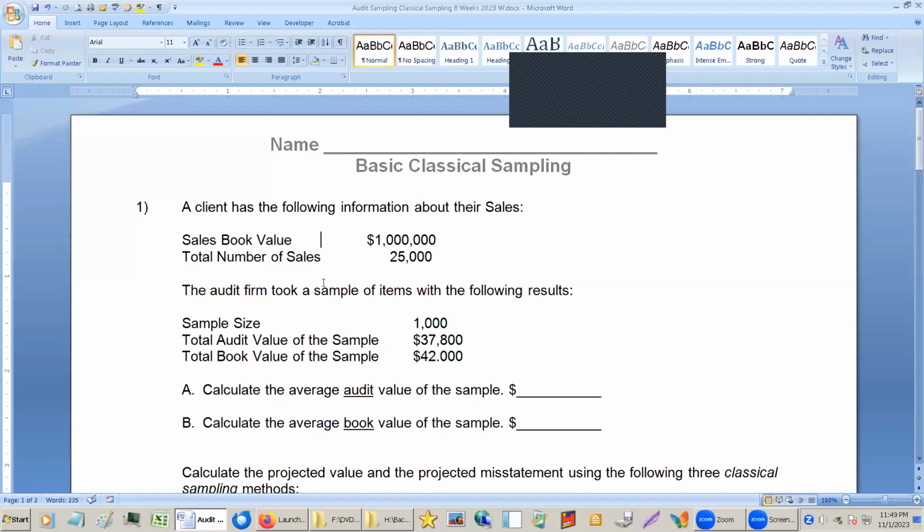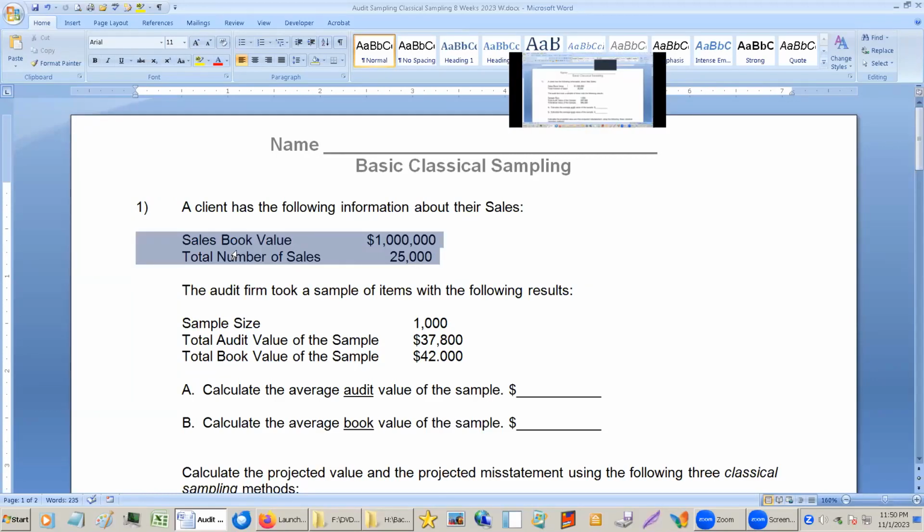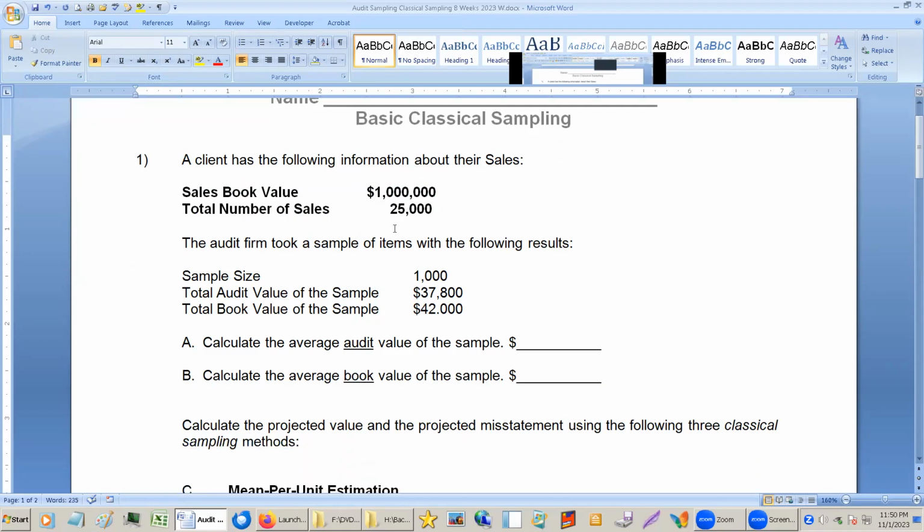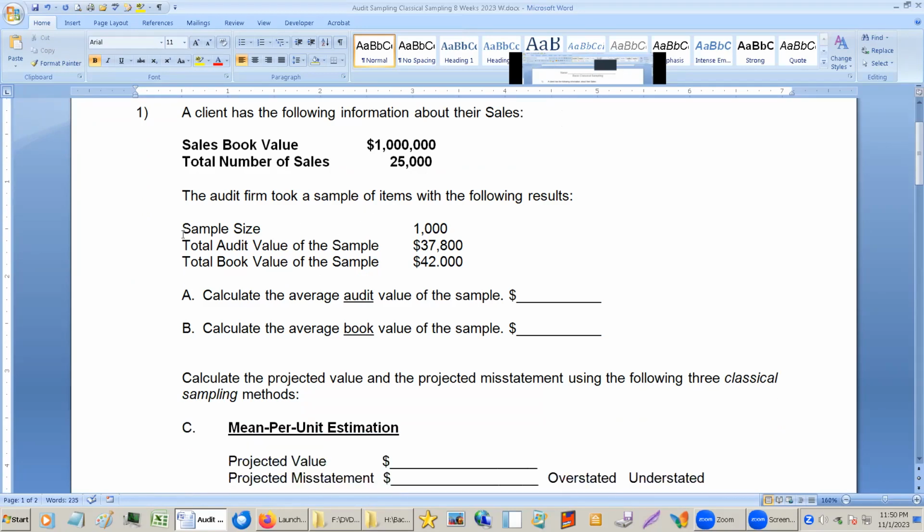So here's the handout. In this case, the client says that they have sales of $1 million, and the total number of sales was 25,000. Now we take a sample.